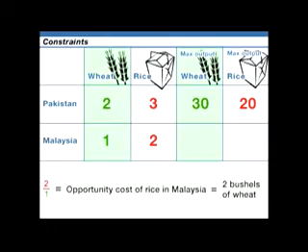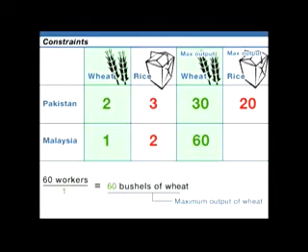But first, let's look at the constraints on the production possibilities in Malaysia. Suppose there are 60 Malaysian workers, and they can spend their time either producing wheat or rice. What's possible in Malaysia?